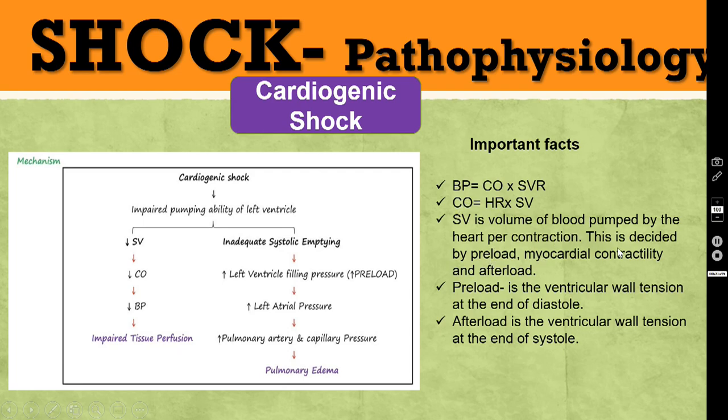Stroke volume is the volume of blood pumped by the heart per contraction. This is decided by preload, myocardial contractility, and afterload. So, what is preload then? Preload is the ventricular wall tension at the end of diastole. What is afterload then? Afterload is the same ventricular wall tension, but at the end of systole. This is the difference between preload and afterload.